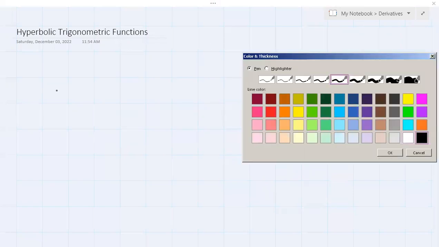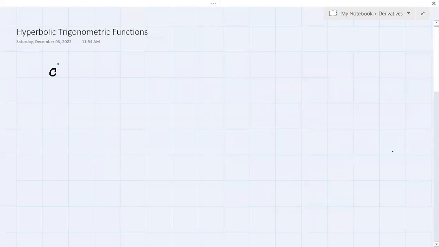Okay? So, let's start first with this one, the derivative of sine hx. So this one, the same lang sila ng format sa pagkuha ng derivative ng sine x. Remember that the derivative of sine x is cosine x. So this one is just the same as it is.